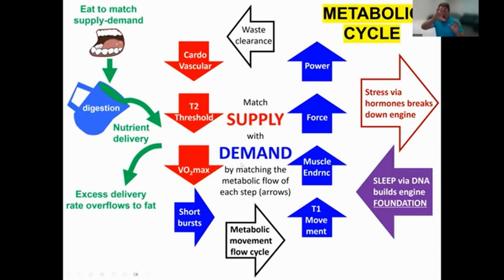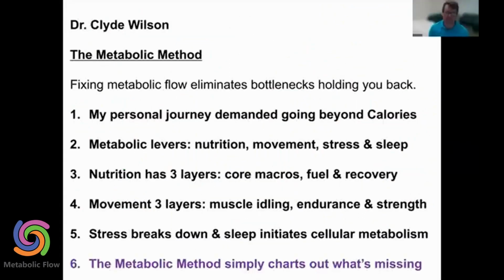So that reduction in stress hormone response, by just thinking about how to engineer or manage the inevitable stresses of life and important stressors of life, will reduce how much of a reduction or destruction of your engine that's driving your metabolic rate will occur, and will inherently improve the quality of your sleep so that you have a stronger foundation for your engine, for your metabolic rate. That brings us to step 6.